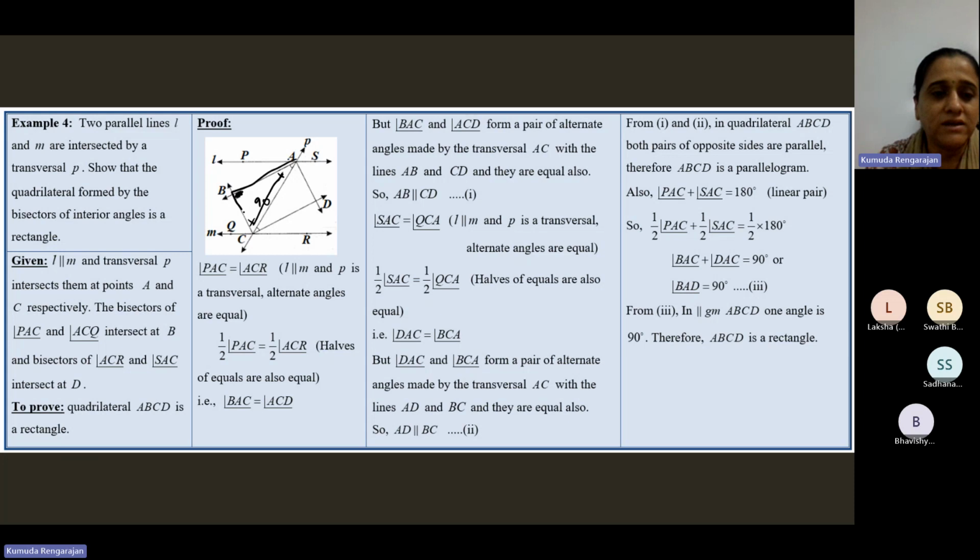So in this triangle, if the sum of these two angles is 90, this angle has to be 90, by the angle sum property. So in this quadrilateral, which we've already proved is a parallelogram, correct? Yes, which is already a parallelogram, we proved that one angle is a right angle. So it's a rectangle.